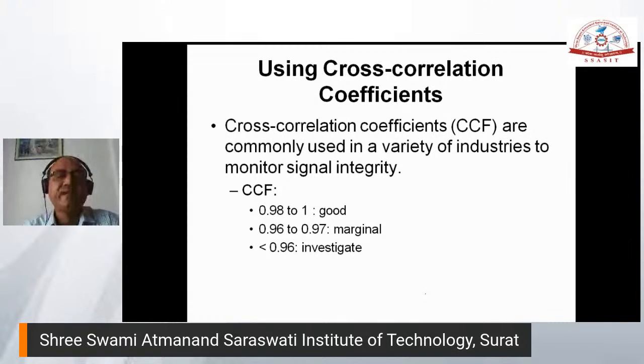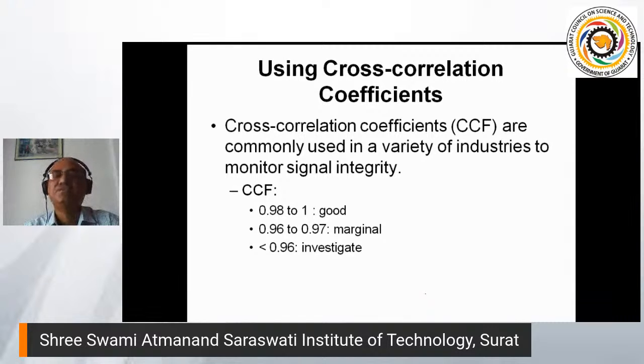If it is 0.96 to 0.97, there is a marginal variation. If the cross correlation coefficient is less than 0.96, then it has to be investigated. Then there is a problem with this transformer, so we go for further evaluation.